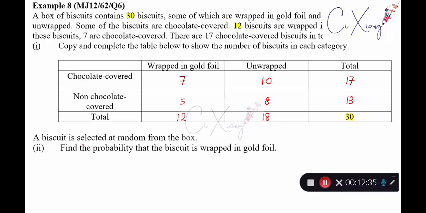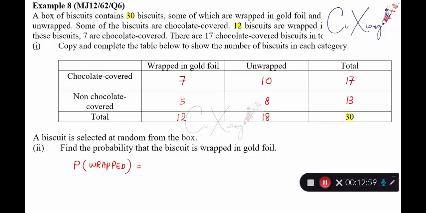Right, so let's have a look. A biscuit is selected at random from the box. Find the probability that the biscuit is wrapped in gold foil. For this particular question, they want you to find the wrapped biscuits, regardless of whether they are chocolate covered or non-chocolate covered.